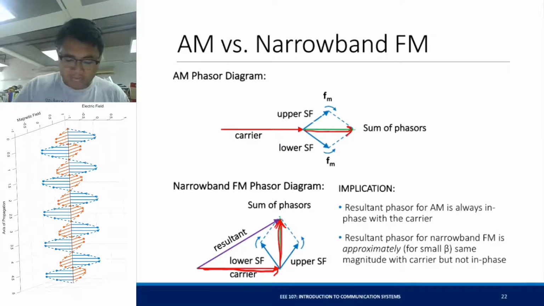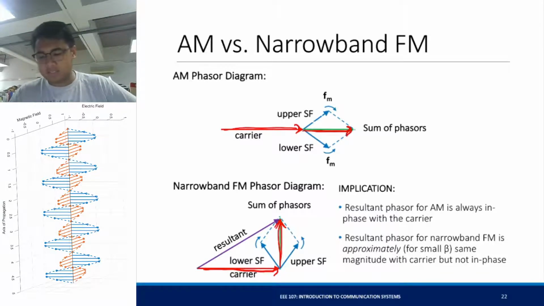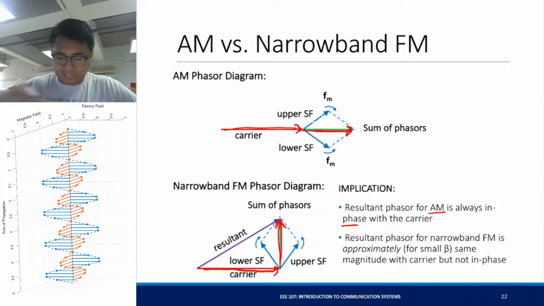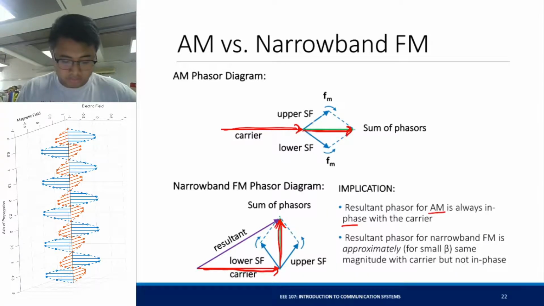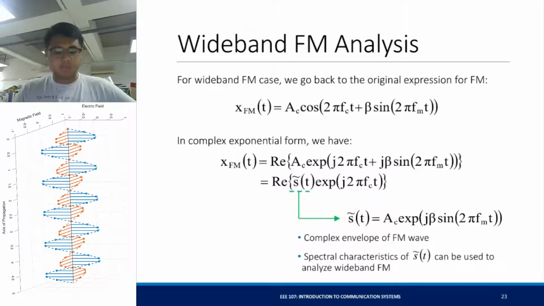Compared to your AM phasor diagram, well, the carrier power is larger than the message power. Right? So the implication of that is that the resultant phasor for AM is always in phase, while for narrowband FM, you have the same magnitude for your message phasor and your carrier phasor, but they're not in phase with each other. Right?